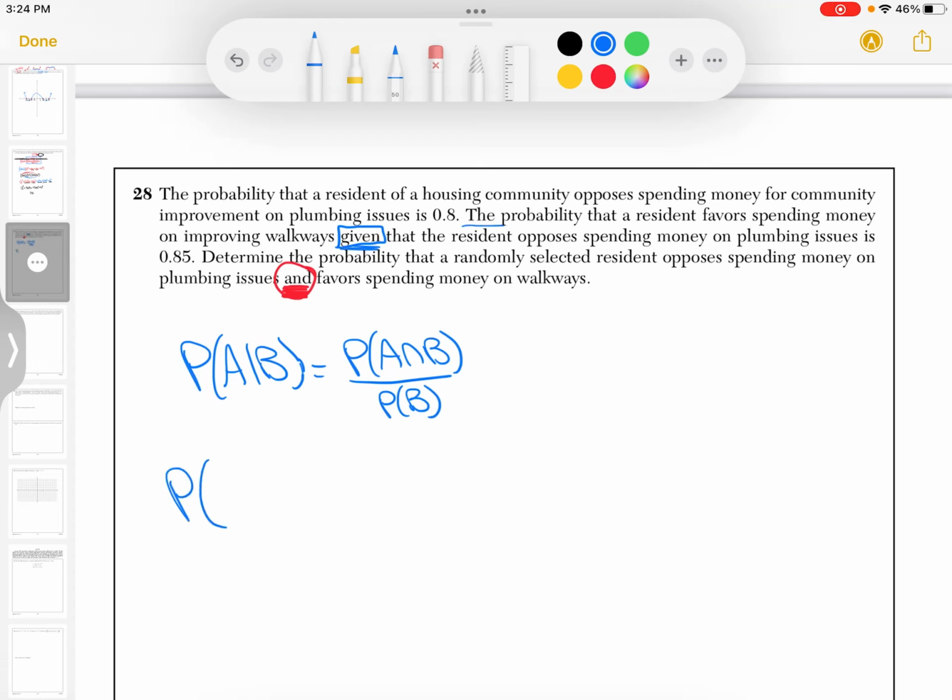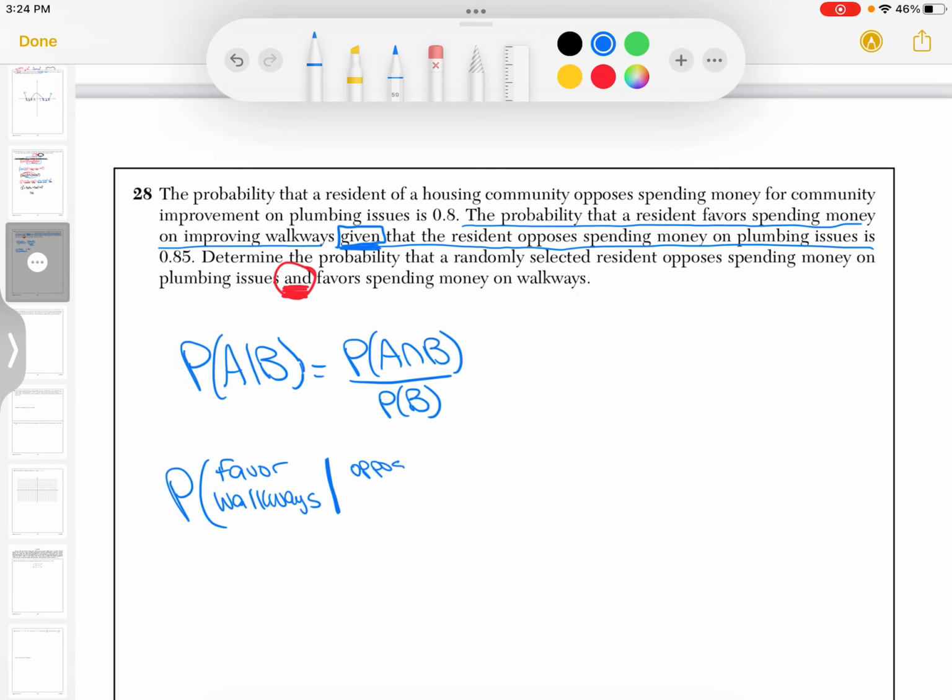So when I read the given sentence again, it says the probability that a resident favors spending money on improving walkways given. So this one's going to be in favor of the walkways, just to shorthand it. Okay, given that the resident opposes spending money on plumbing issues.